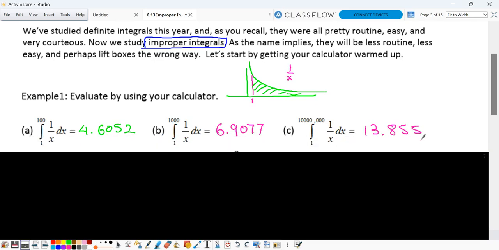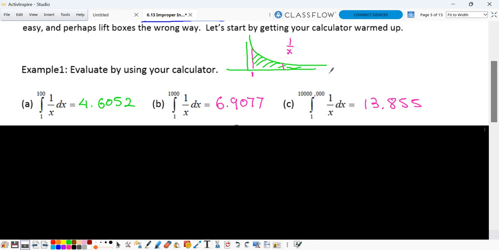So here are three numbers. The integral of 1 over x from 1 to 100 gives 4.6052. If I increase to 1000, I'm adding just a bit: 6.9077. And if I make my upper bound a very, very large number, it is 13.855. So what's our conclusion if I go to infinity?